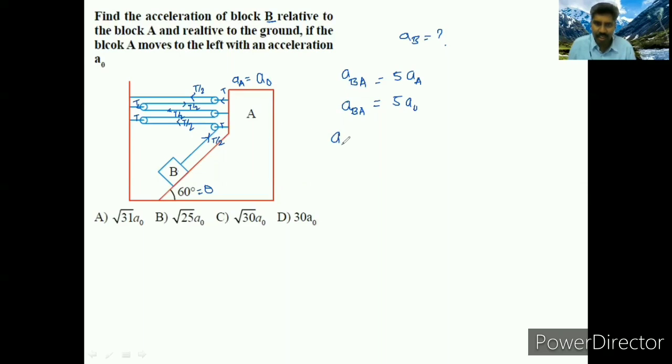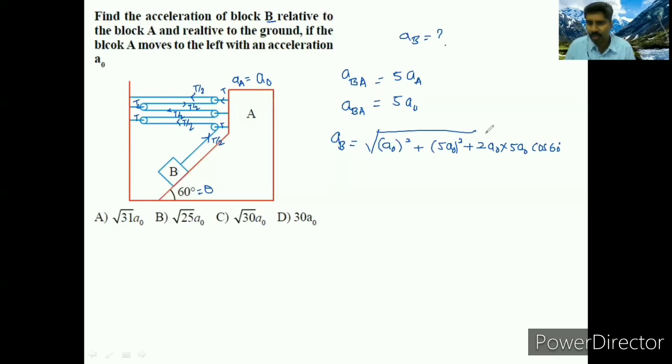So the acceleration of B is equal to under root of a naught square plus 5a naught square plus 2 a naught into 5a naught cos 60 degrees.